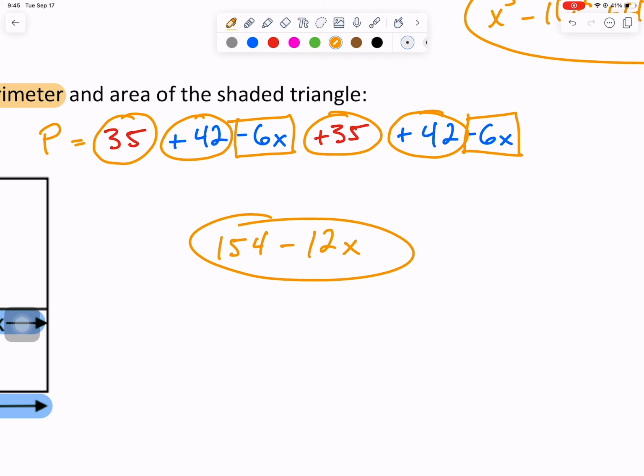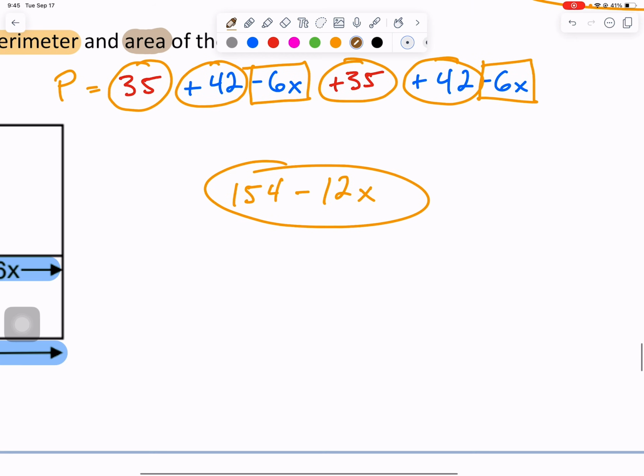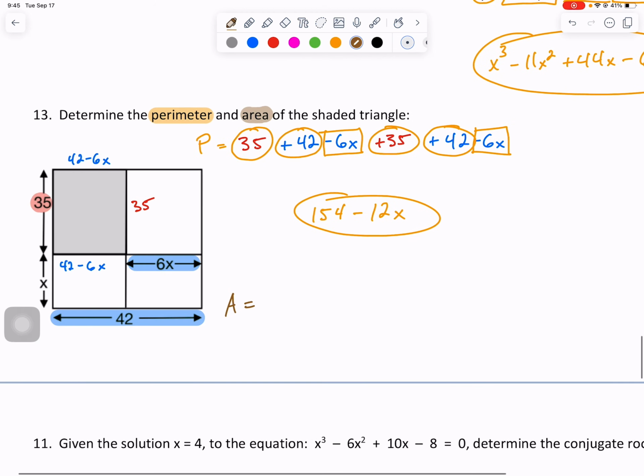Now, for the area, I think they gave us another hint here. An area is just simply length times width. So we're just going to solve for our area. We're just going to take 35, and it's solo, so we'll drop it right there.